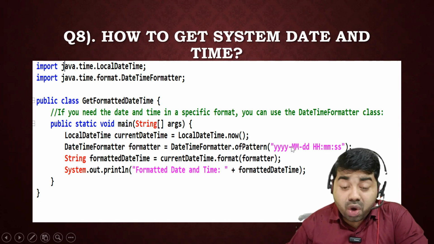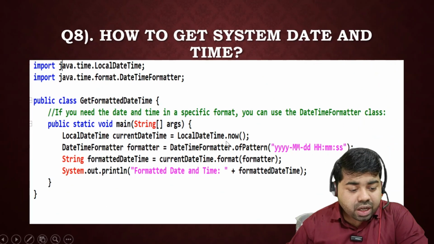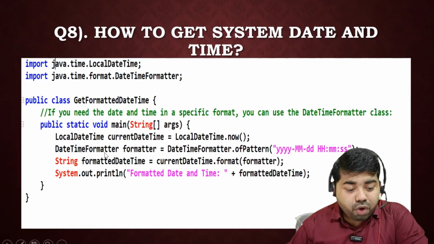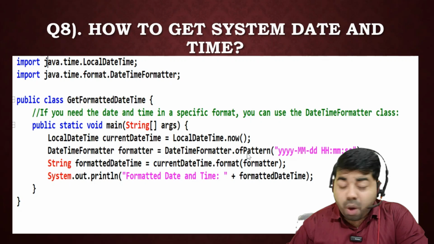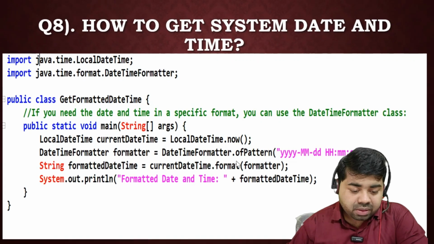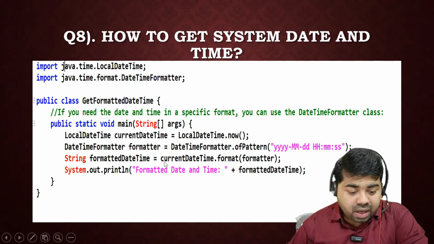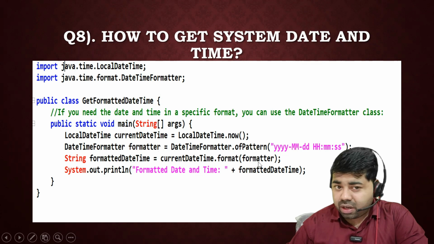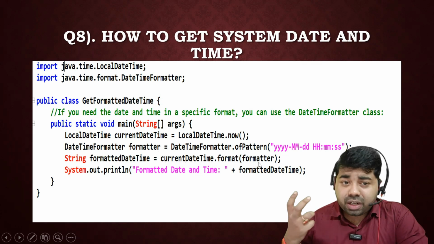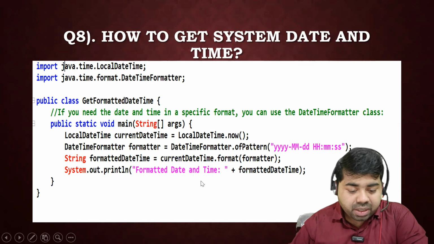You can print in whatever format you want. So I want to print the year, month, and date. Understood, right? DateTimeFormatter is also a class, and we can call the ofPattern method. So now the current date, with the formatter, we can print as per the requirement, and it will return a string, and we can capture it.